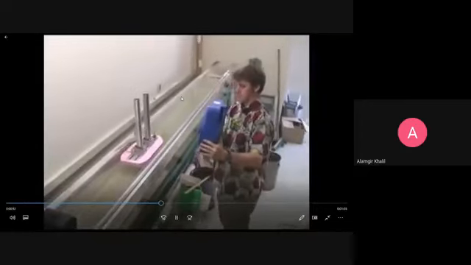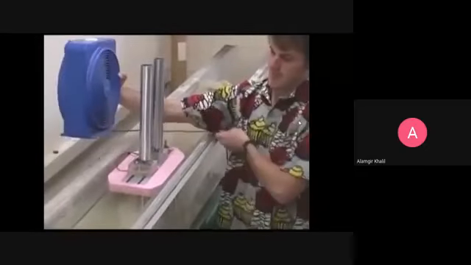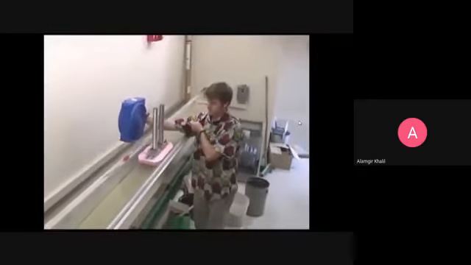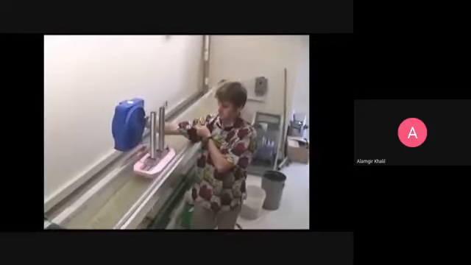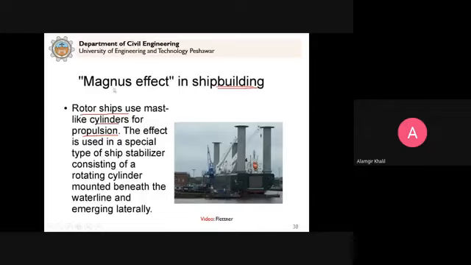You see it moves in the forward direction. So you can see that because of this Magnus effect, the small boat you saw in the video was moving in the forward direction, but this idea was not pursued after the 1920s because it was found to be uneconomical.